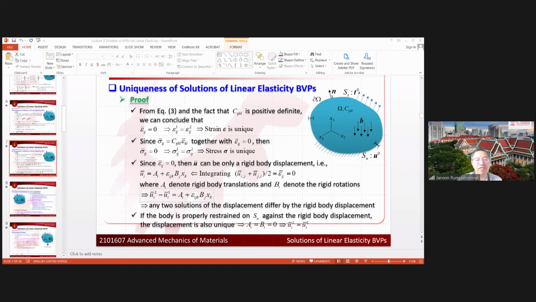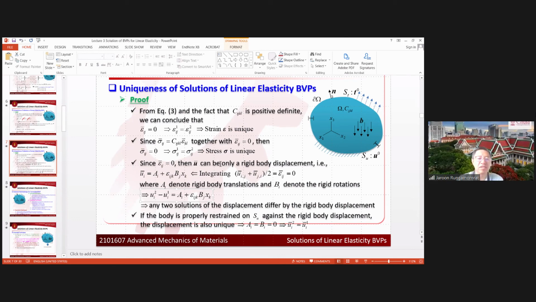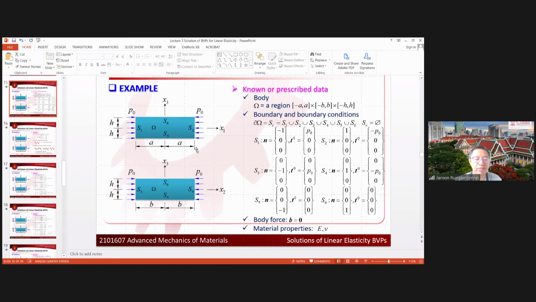Okay, if you hold the body and move around without changing the traction you apply, you can see that stress and strain may not change, right? But the displacement changes when you move. Let's look at the body.